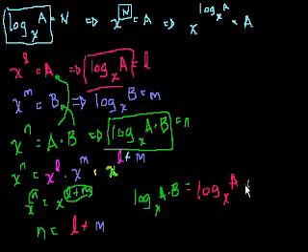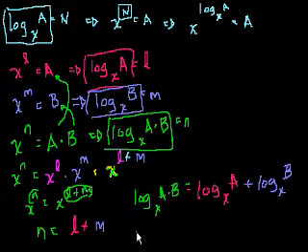And what's m? m is right here. It's log base x of b. And there we have our first logarithm property. The log base x of a times b just equals the log base x of a plus the log base x of b.